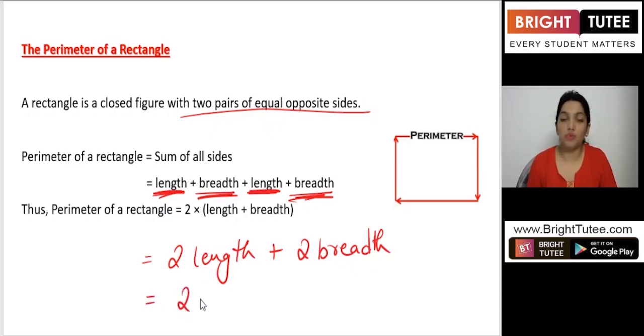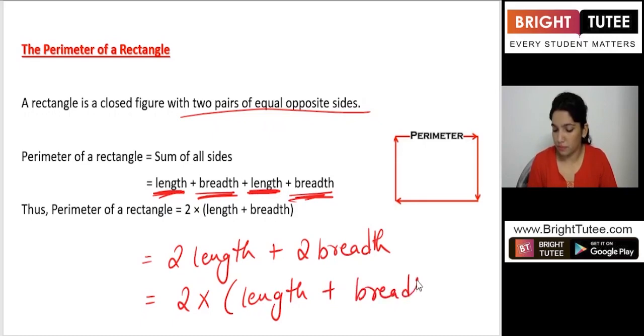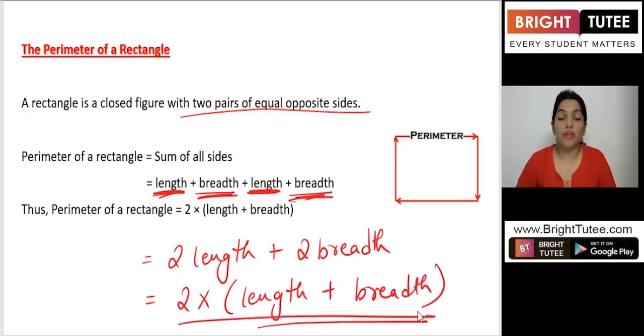We can bring 2 as common and times it with length added to breadth. Now this is the formula that you need to remember when you are calculating the perimeter of a rectangle. Make sure that from this particular slide you remember this formula, that is 2 times length plus breadth. This is the perimeter of a rectangle.